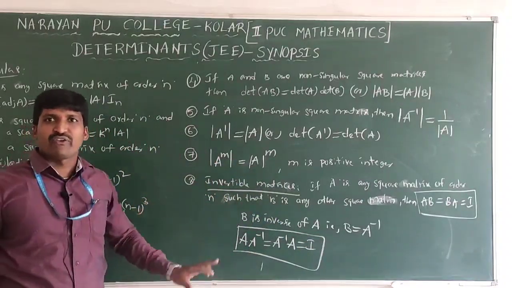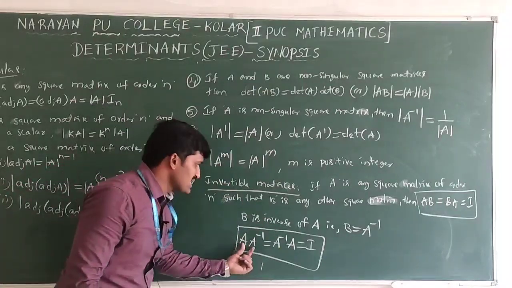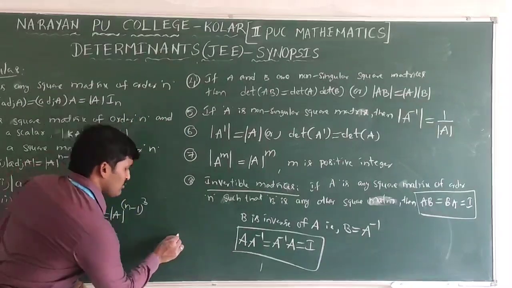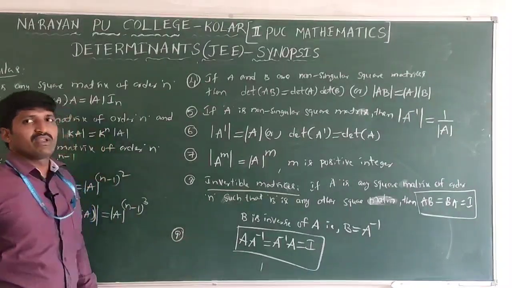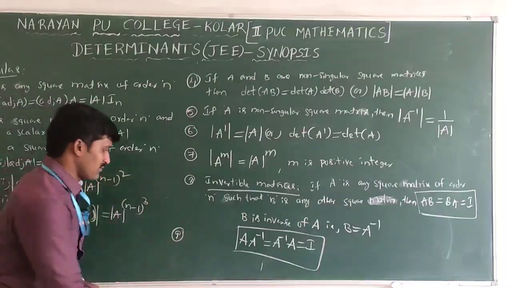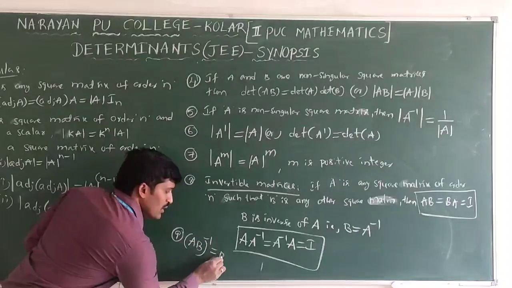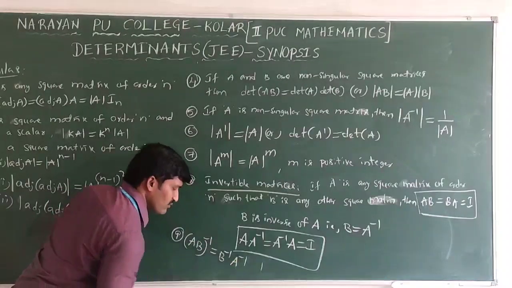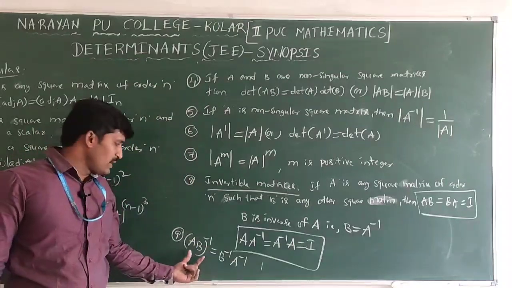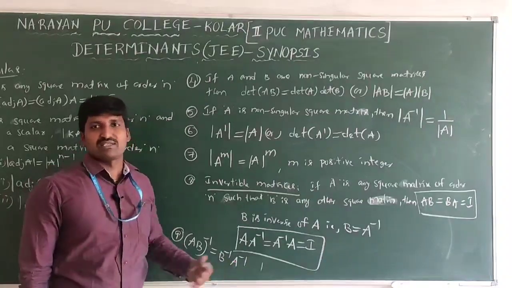The product of any matrix with its inverse always gives the identity matrix. And one more thing here, one formula we can have. When A and B are square matrices of the same order, then AB whole inverse equal to B inverse into A inverse. The proof is also there in the matrices theorem. AB whole inverse equal to B inverse into A inverse.